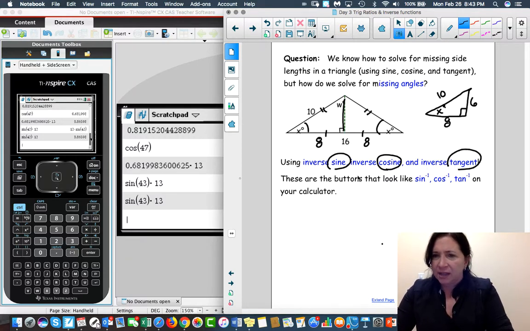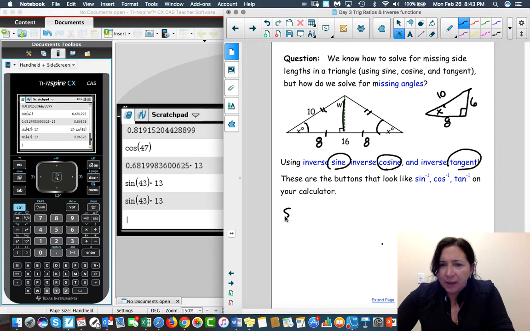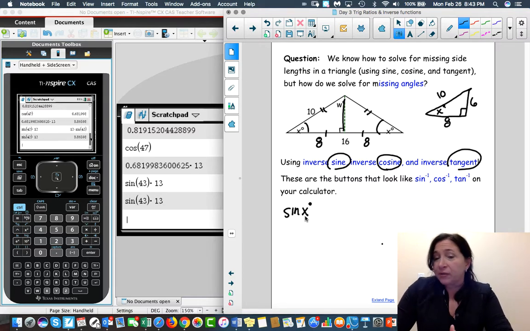I can use any of those. So I'm going to say sine of X, because you remember, you always have to put the angle after the word. If I don't have that angle, then that's unknown, so I'm going to use X. Sine is opposite over hypotenuse.